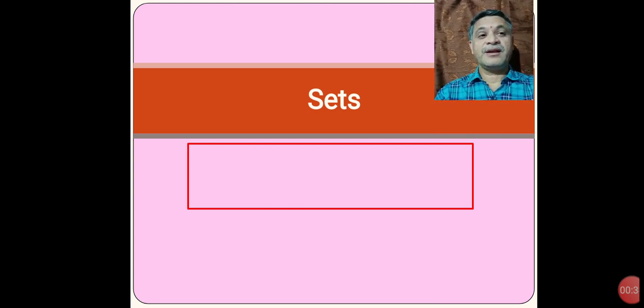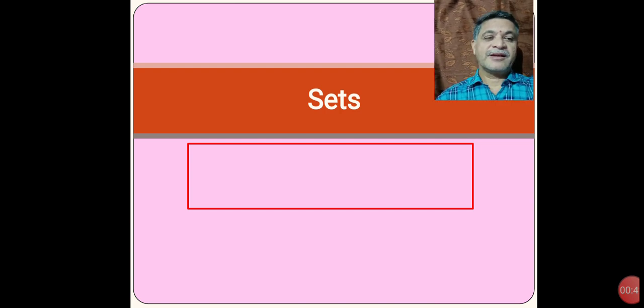It is only a collection of objects, and the definition of a set and some definitions on sets.